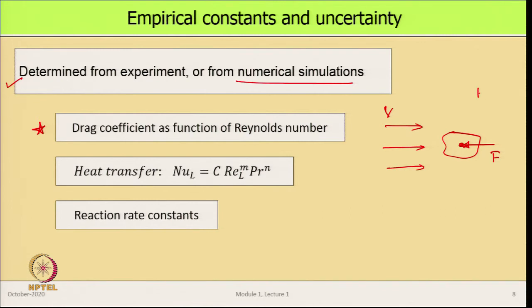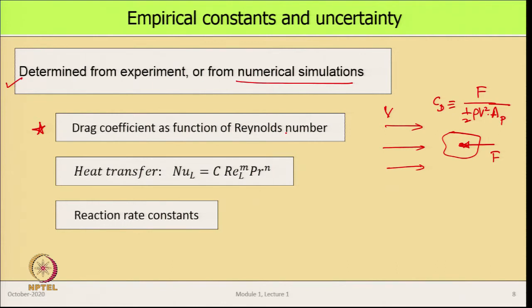We define that force divided by the dynamic head multiplied by the projected area as the drag coefficient. And if you look up charts, you will find that for, say, flow in a pipe or flow over a sphere, we get lots of such correlations of this drag coefficient as a function of Reynolds number, which in our case is another result.